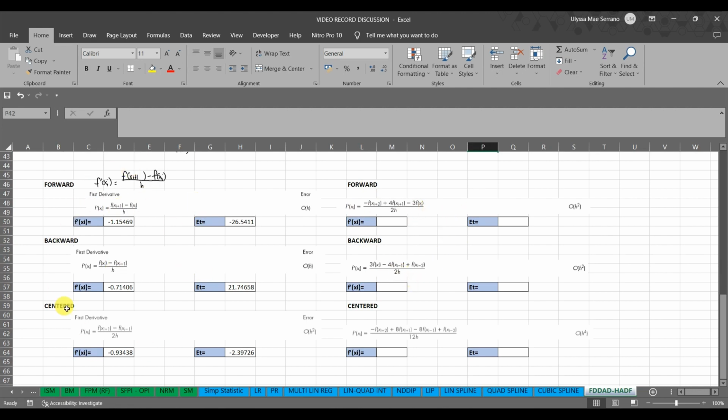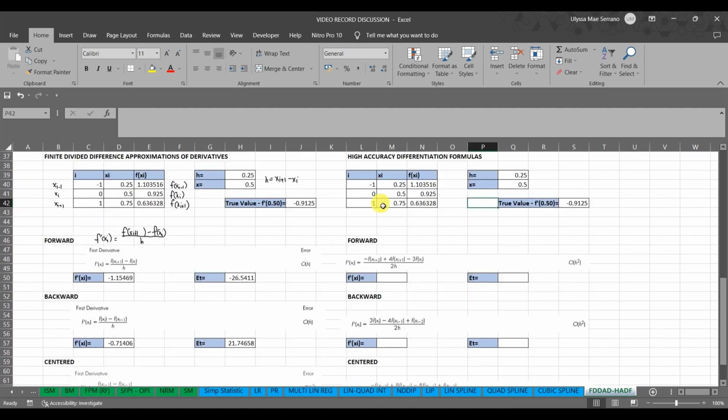So these are the formulas for the finite divided difference, and these are the formulas for the high accuracy differentiation formulas. You will notice that the difference is that it already has x sub i plus 2 and x sub i minus 2. Using the same values, the only difference is we need to add two data points: x sub i minus 2 and x sub i plus 2. These are based on x sub i minus 1, subtracting the step size, and again adding the step size.